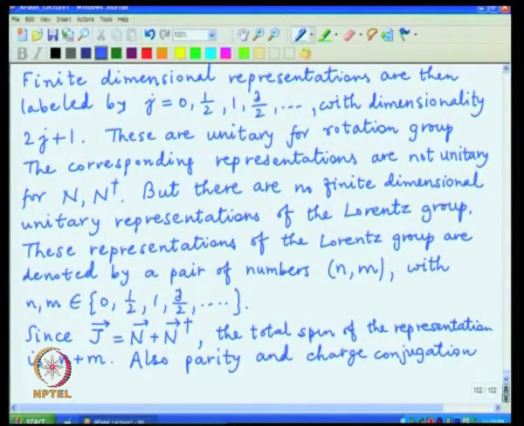So, then one has the simple result that parity and charge conjugation, any one of them, interchange N with N-Dagger.